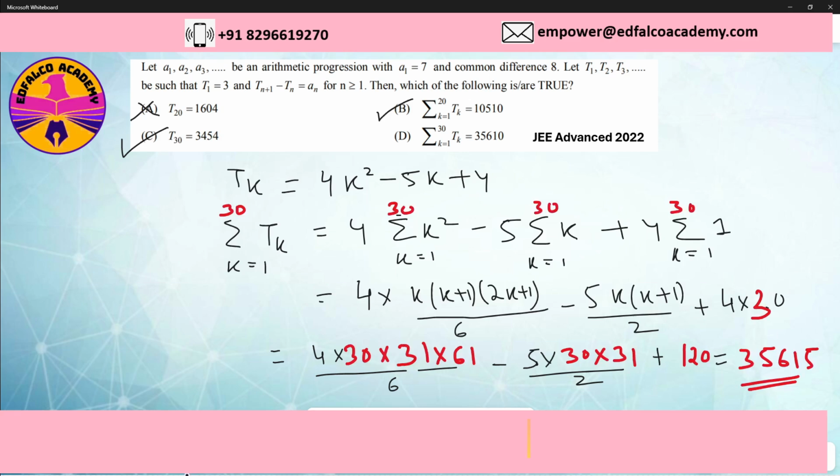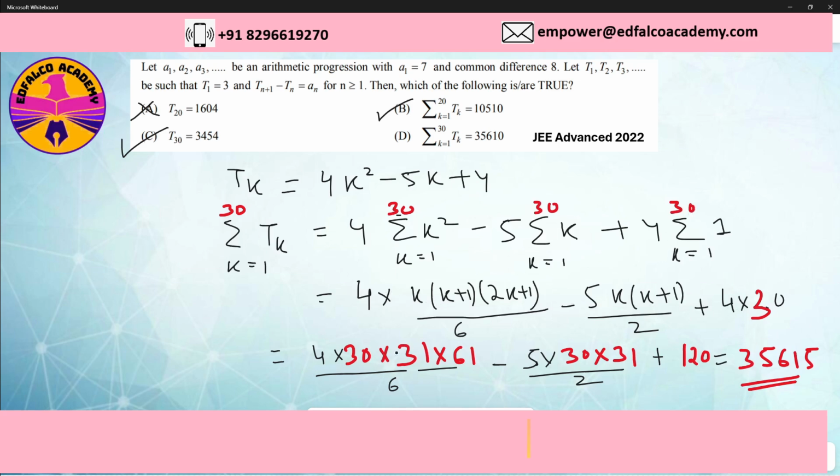Now solving for the last option D is not at all difficult. We can just substitute, everything remains the same, but only the upper limit of the summation becomes 30. So it will be summation from k is equal to 1 till 30 of tk is equal to 4 times summation of k square from k is equal to 1 till 30, minus 5 times summation of k from k is equal to 1 to 30, plus 4 times summation of 1 from k is equal to 1 to 30, and then the expression is the same.